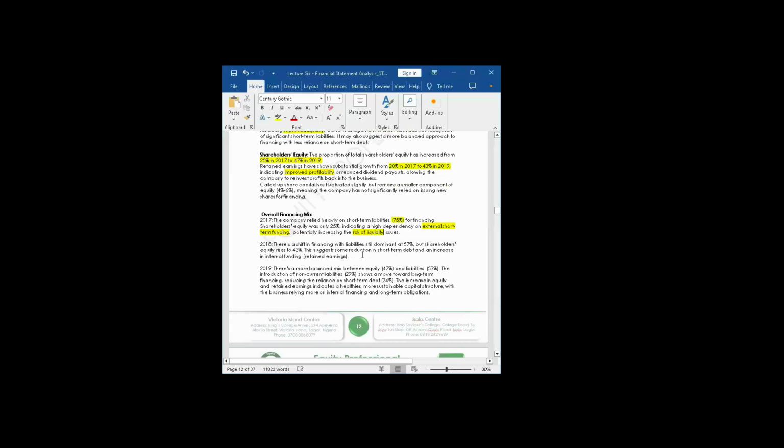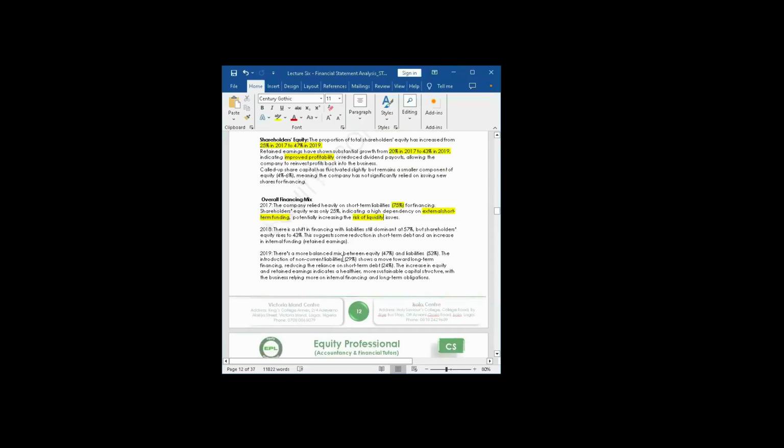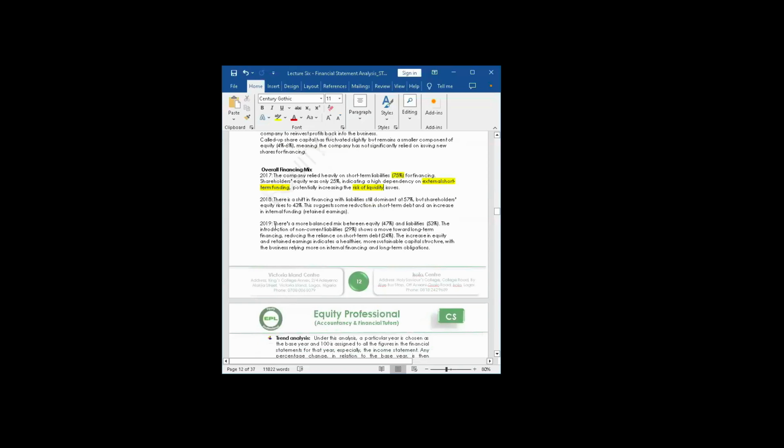This suggests some reduction in short-term debt and an increase in internal funding. However, in 2019, there is a more balanced mix between equity at 47% and liabilities at 53%.